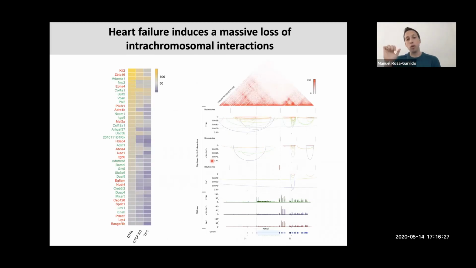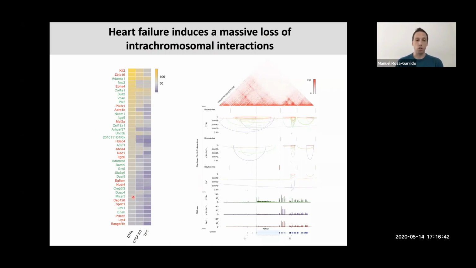Okay, so when we performed Hi-C comparing our control, the CTCF knockout and the TAC, what we found is that heart failure induces a massive loss of interchromosomal interaction. It's something that you can see here in this heat map.